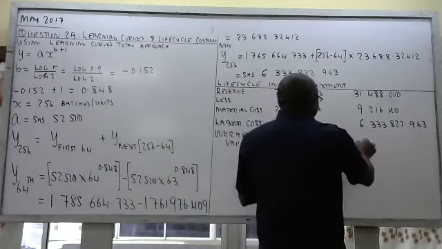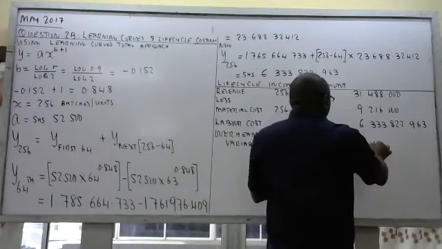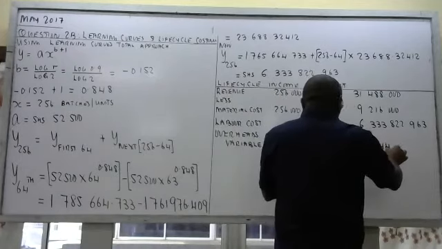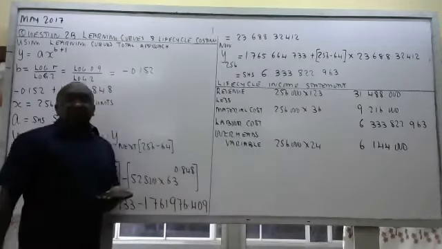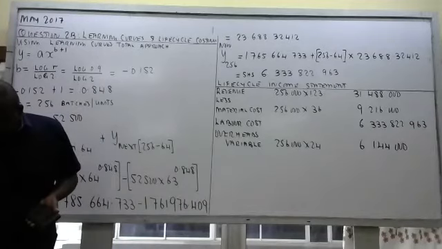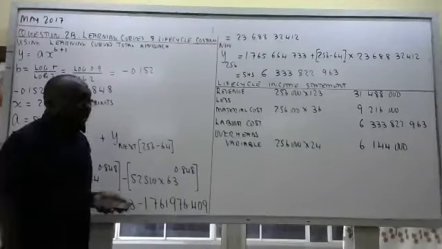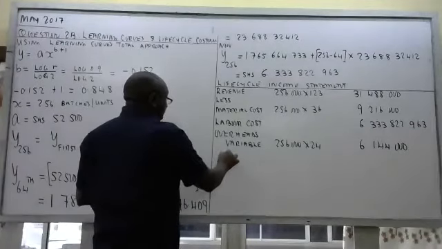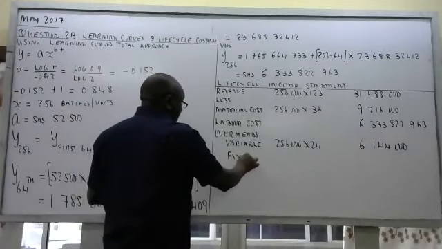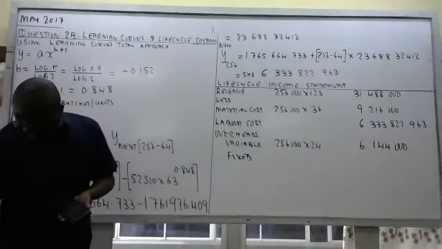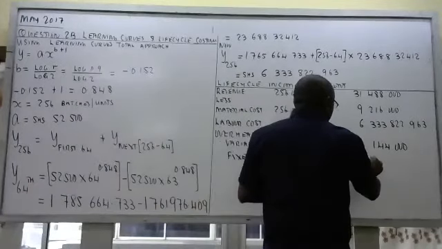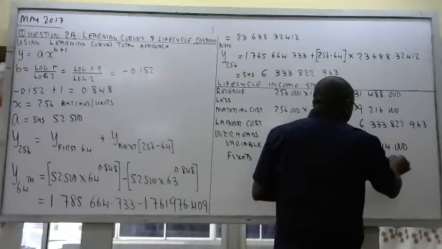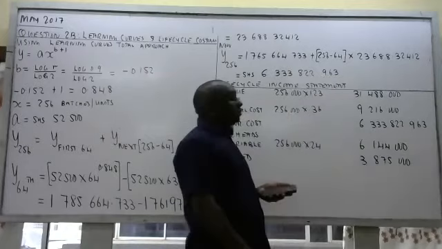I'm getting a figure of 6,144,000. And then the fixed, that is already provided, 3,875,000.